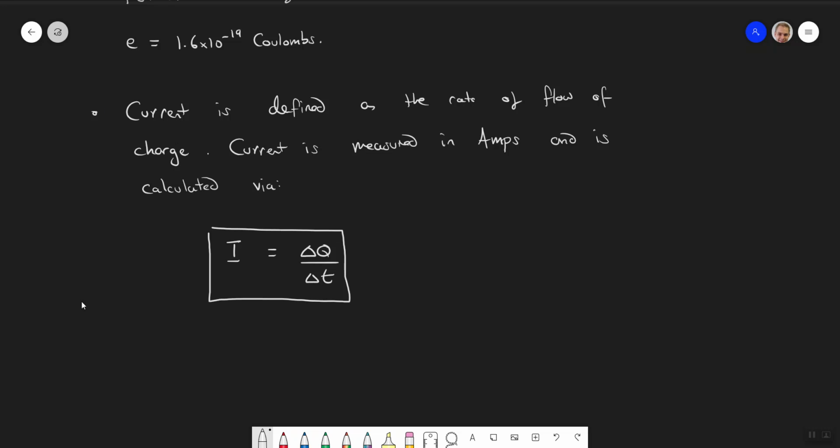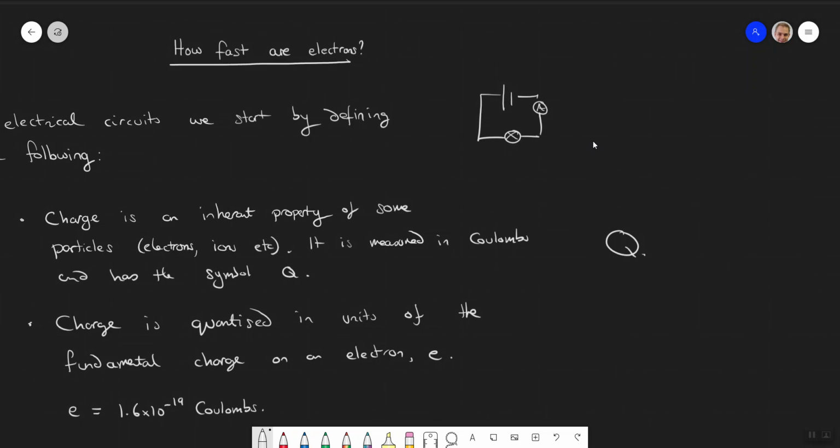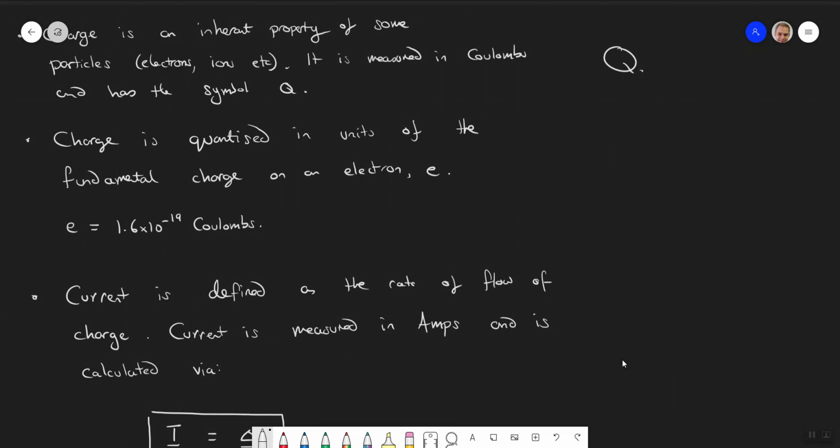And the final thing that we recapped is that by convention we say that current flows from positive to negative. The long side is the positive side, so by convention current goes around the circuit in this direction, whereas in reality we know it's going the other way, but it doesn't really make a big difference.